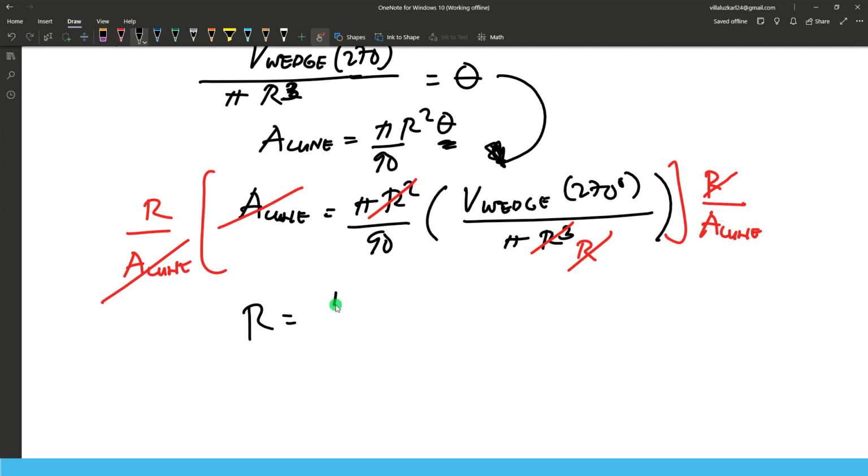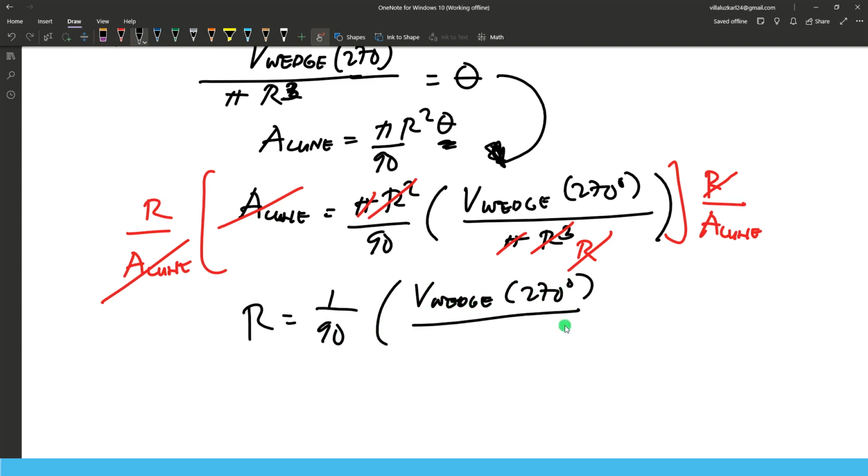So r is equal to 1 over 90 times the volume of the wedge times 270 over the area of the loon. Pi also is cancelled out.